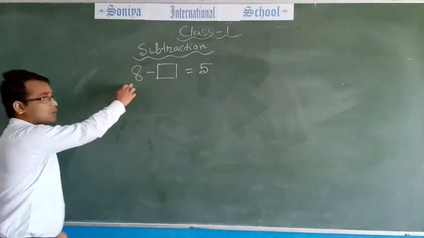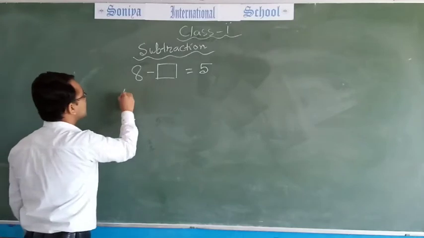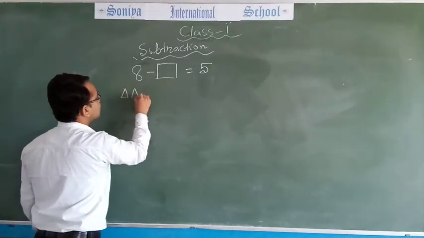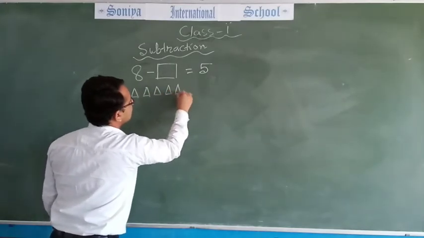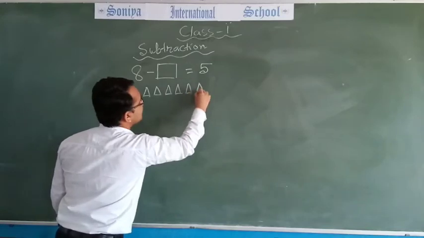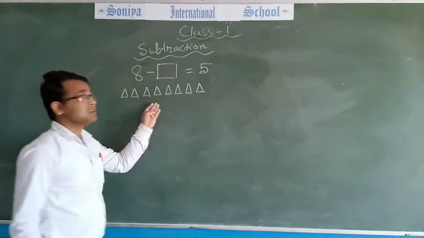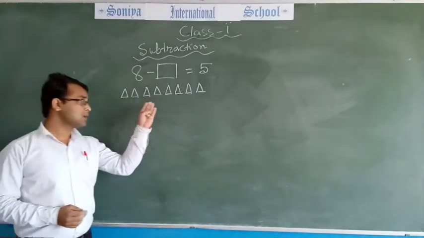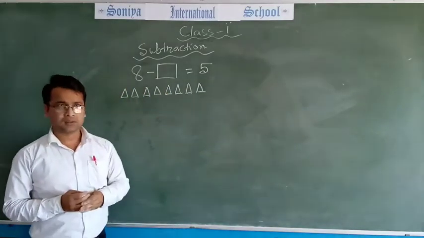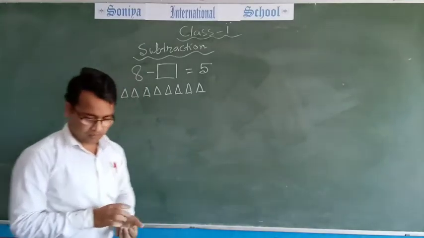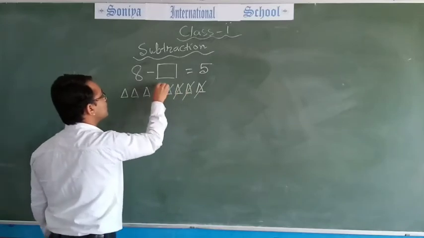First off, I draw 8 objects. That means 8 triangles. 1, 2, 3, 4, 5, 6, 7, 8. I draw 8 triangles and take away 5 triangles. 1, 2, 3, 4, 5.